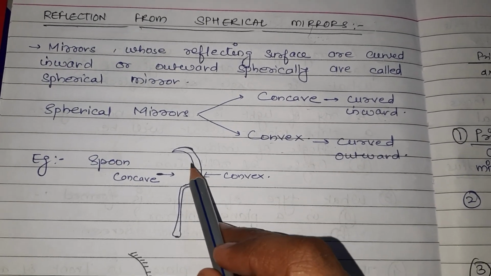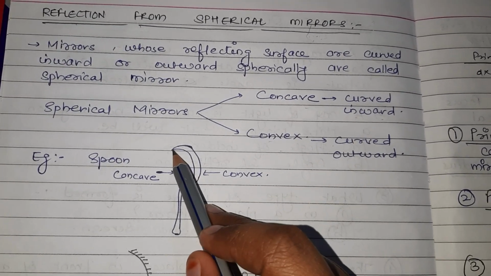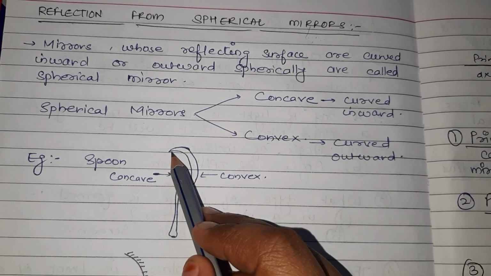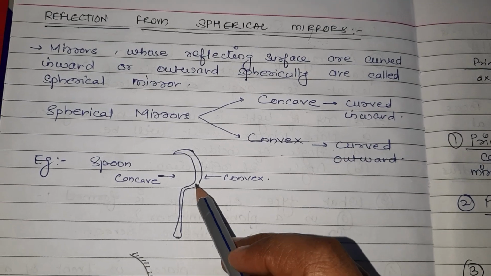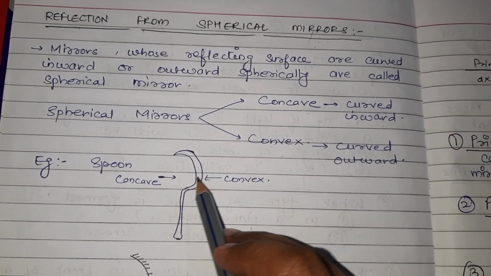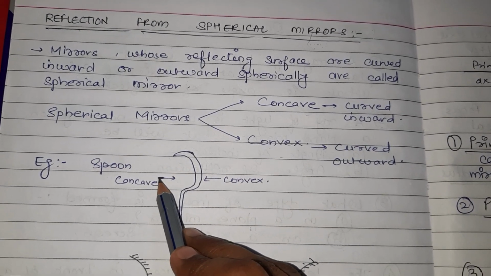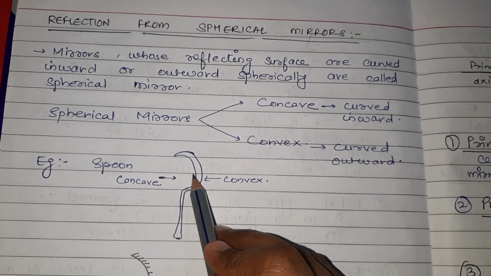For example, I will explain this with the help of a spoon. Take a spoon in your hand. You will be able to see two parts of the spoon. At the back side and the front side, both are reflecting parts. The part which is curved inwards looks like a cave.